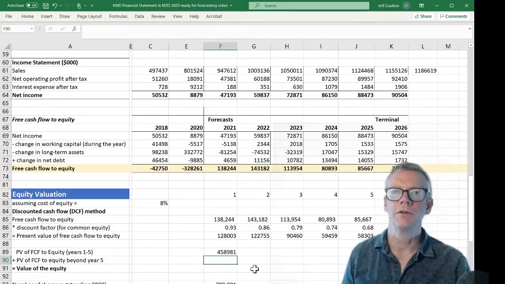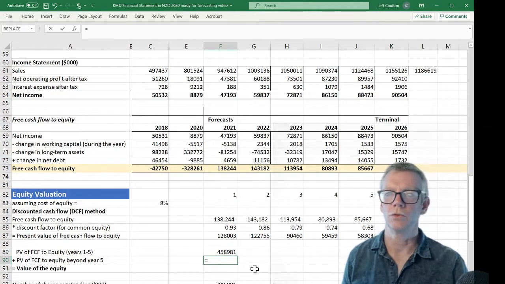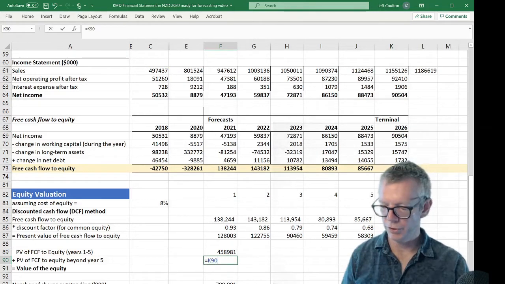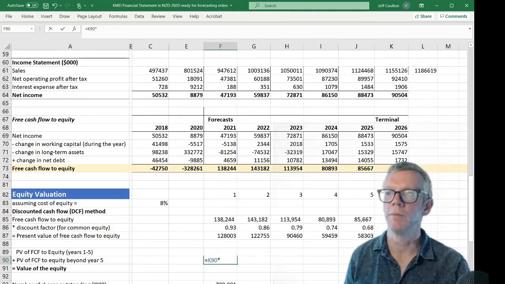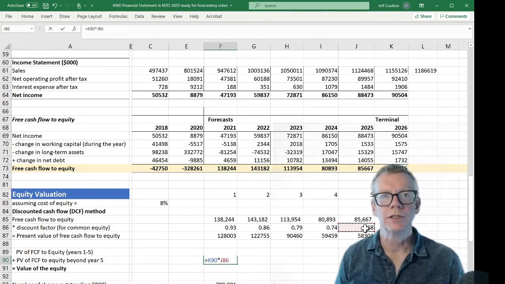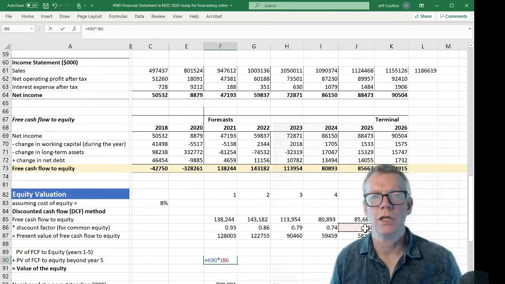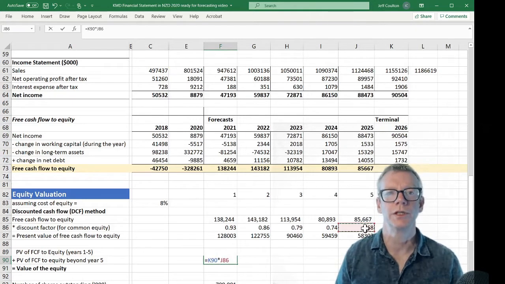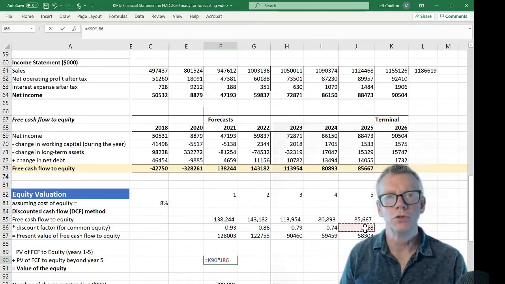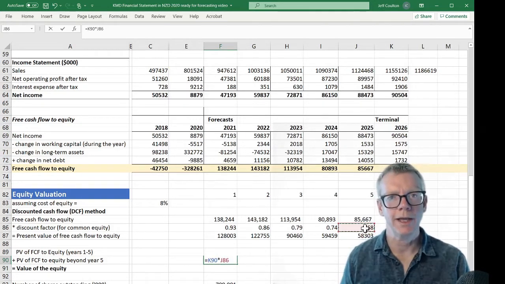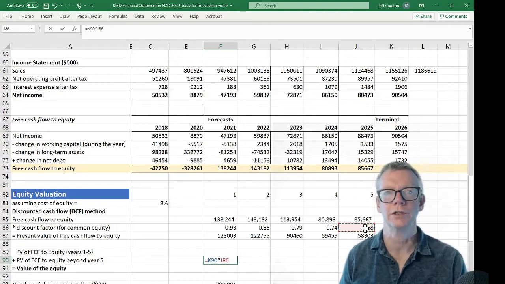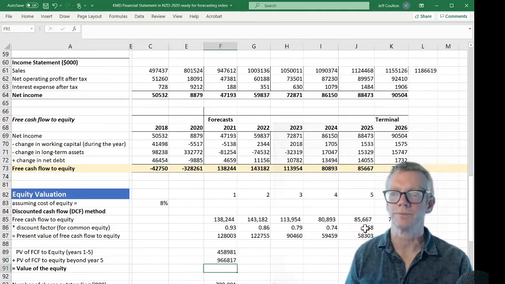I then need to get those into present value. I'll do so this way: equals the future annuity value multiplied by, remember that it's n minus 1 or t minus 1, the appropriate discount factor. We do this because that perpetuity calculation has already discounted by a year for us.